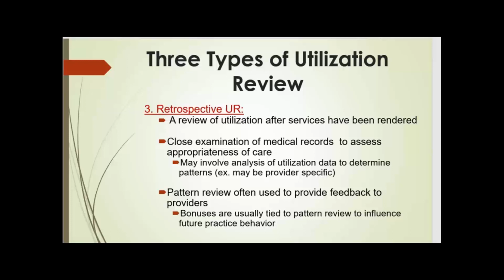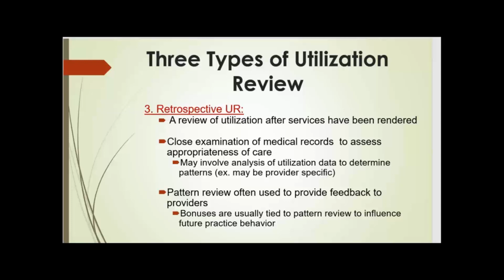Retrospective review may also involve an analysis of utilization data to determine patterns of overutilization or underutilization. So it also allows monitoring of billing accuracy and compilation of provider-specific practice patterns. Such statistical data can be helpful for taking corrective action and for monitoring subsequent progress.